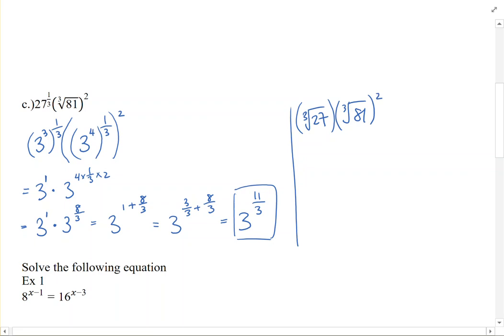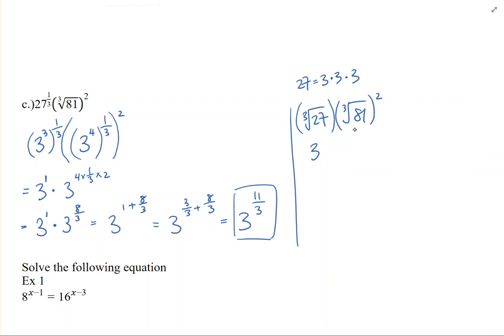Now we know cube root of 27, because 27 equals 3 times 3 times 3, so if you cube root it, that brings you down to 3.